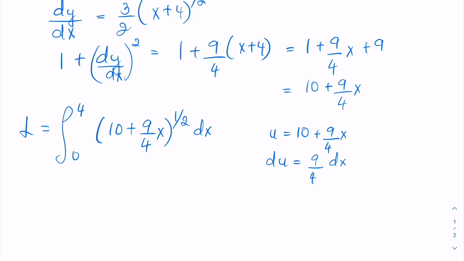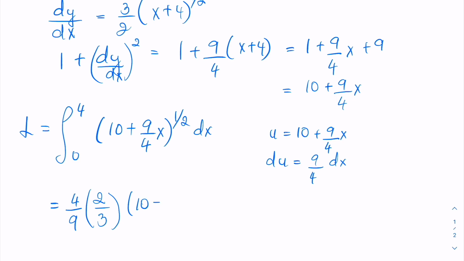So when we take care of the integral right here, I'm going to have 4 over 9 for this one. And we do 1 over 2 plus 1, so that's 3 halves. Divide by 3 halves, so I ended up with 2 thirds.